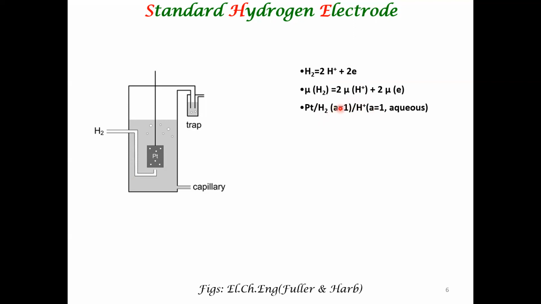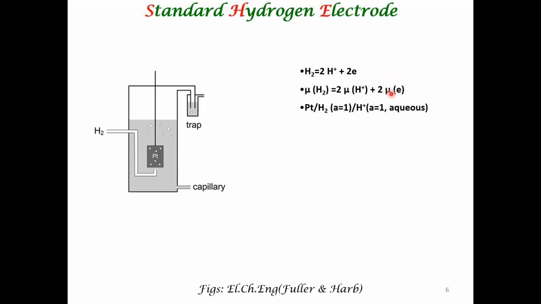So if I control the activity of H2 and the activity of proton in the solution, I have control over this and this quantity. What do I mean by control? I can reproducibly generate this quantity, and because this relationship is valid, I can reproducibly generate the chemical potential of electron.